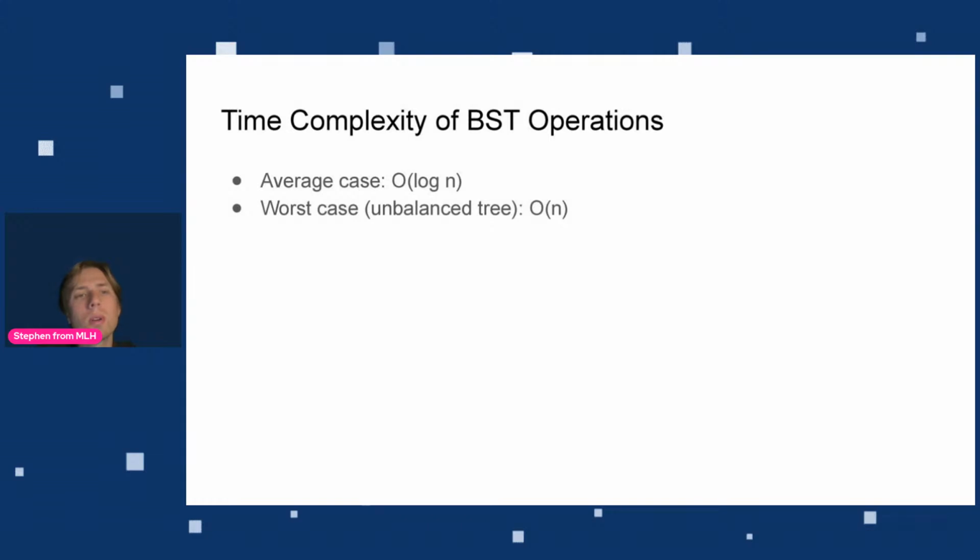So some of those were quite intense, and we're getting a really good log n time complexity on the average case. And then in the worst case, where we have an unbalanced tree, which means that the leaves are not concentrated in a balanced way across the branches, that could be O(n) time. But regardless, if you have a balanced tree, you can have really efficient operation, similar to binary search in our arrays.